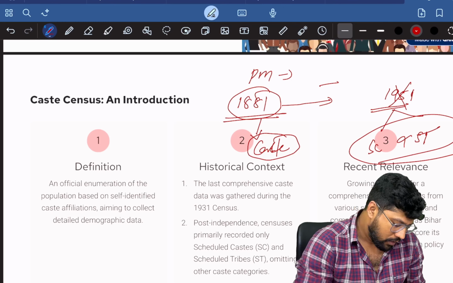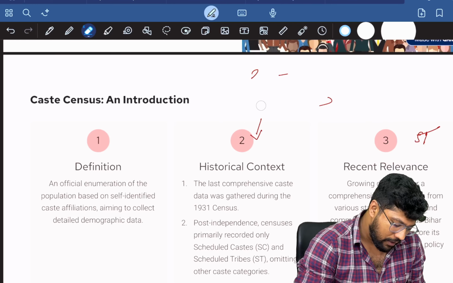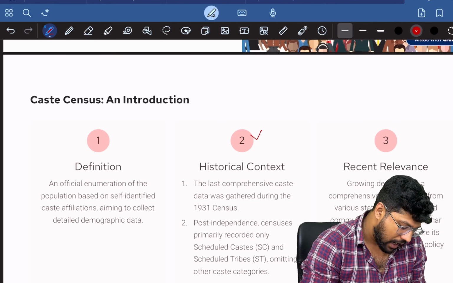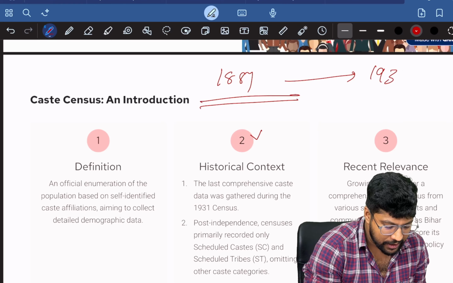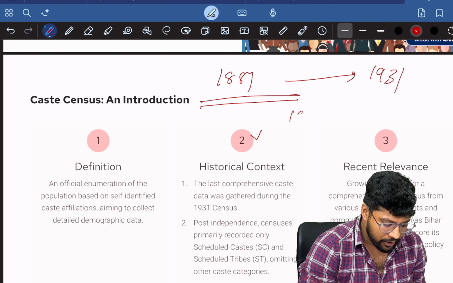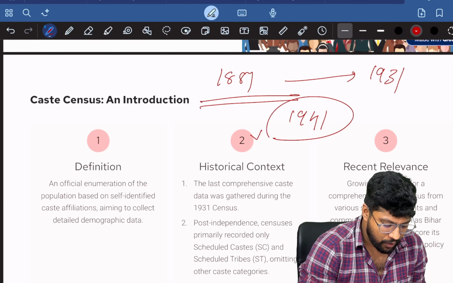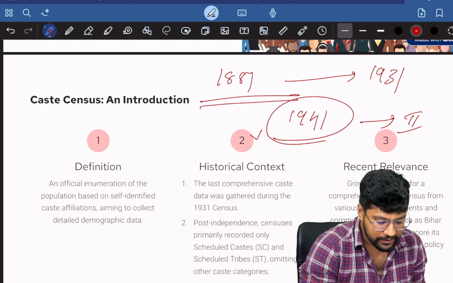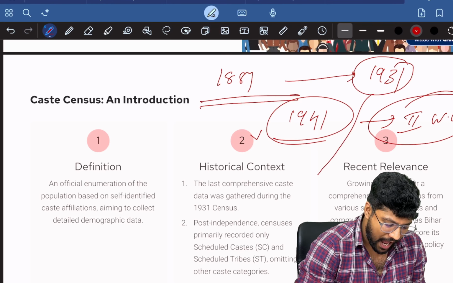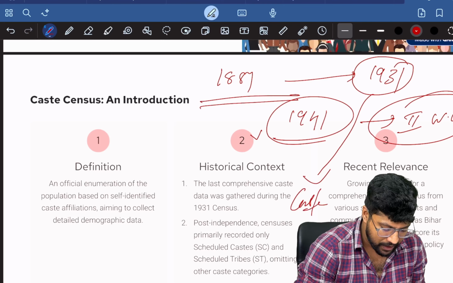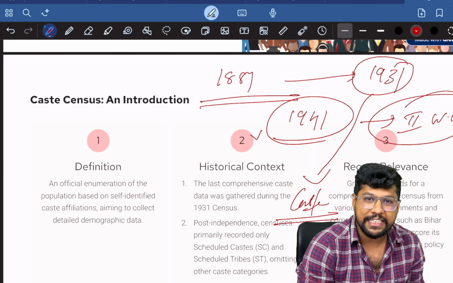So from 1881 we started collecting data for the caste census, and the practice continues till 1931. One thing you need to remember is that in 1941 there was no census because of Second World War incidents. So the last census data with a caste-based socio-economic analysis was 1931.